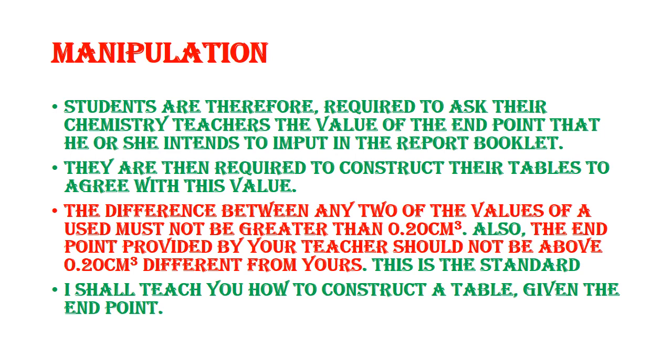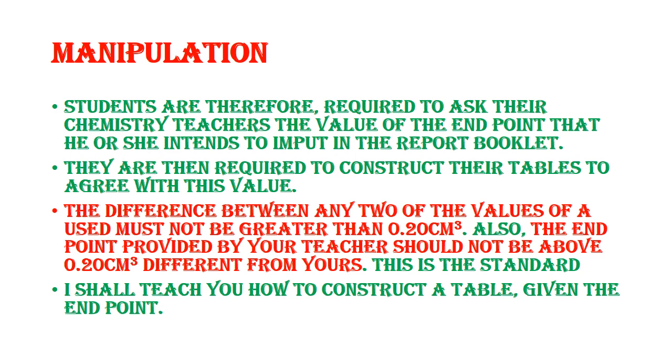Now, I've given you this rule before: the difference between any two of the values of A used must not be greater than 0.20 cm³. Also, the endpoint provided by your teacher should not differ from yours by more than 0.20 cm³.